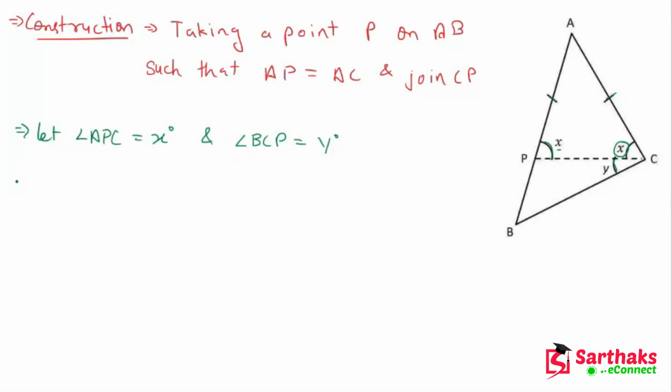From this we can write angle APC is equal to angle ACP by theorem 7.2. What is theorem 7.2? Angles opposite to equal sides are equal.